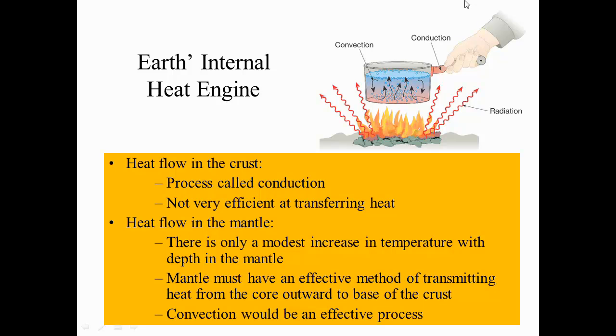This is also the way in which heat within boiling water is transferred from the base of the pot to the top of the water column. In other words, when you look at water boiling on the stove, it's circulating, and that's what's known as convection. It's a very effective way of heat transfer.